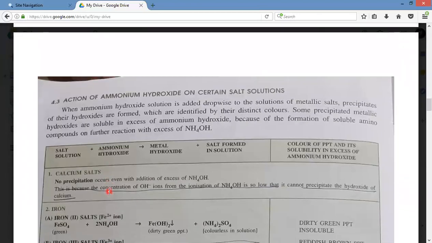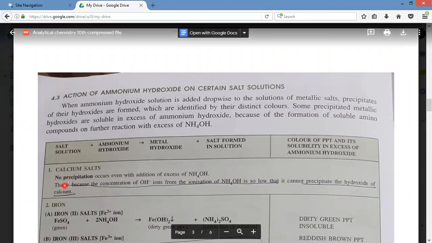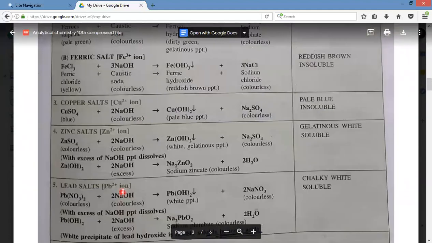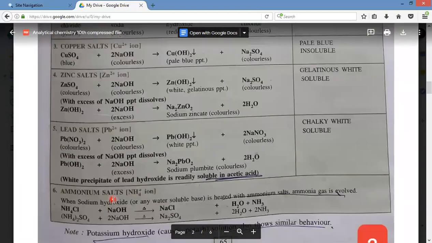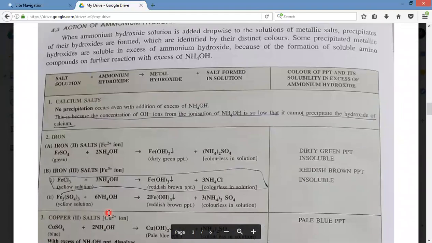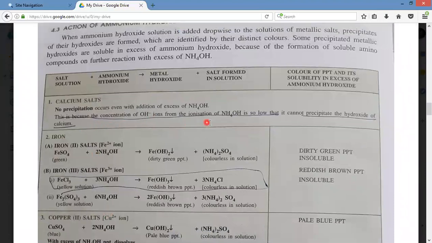When the treatment with ammonium hydroxide is done, calcium gives no precipitation, and that is the differentiating test between sodium hydroxide and ammonium hydroxide based on calcium salt. This is because the concentration of OH negative ion from the ionization of ammonium hydroxide is low.